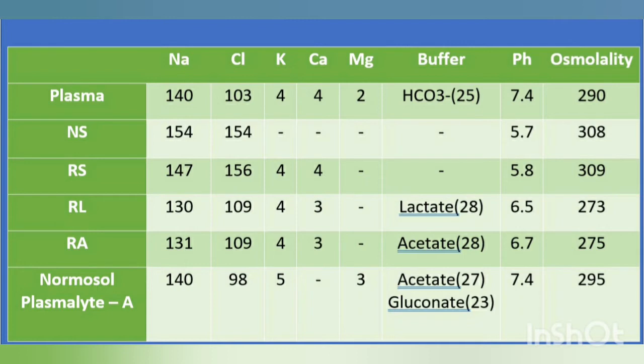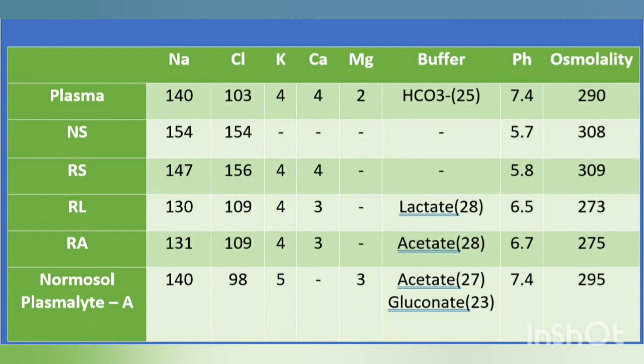Because if we look at the composition of various crystalloids and compare that with the plasma, as you can see here in the chart, the blood plasma has a sodium concentration of 140 milliequivalents per liter, a chloride of 103, potassium 4, calcium 4, magnesium 2, and bicarbonate buffer of 25. That gives us the osmolality of 290 and a normal pH of 7.4.